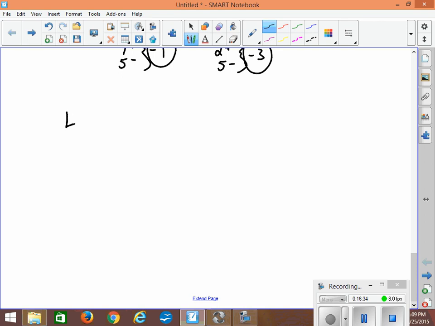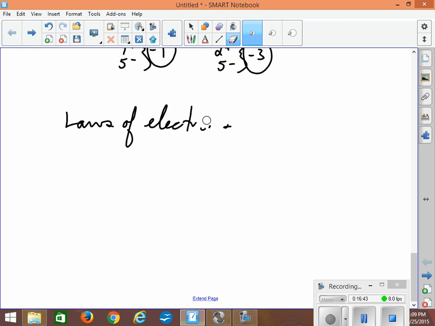Also remember what we call the laws of electric charge, which are basically what describes, whoops, let's write that properly, not electrons, electric charge.